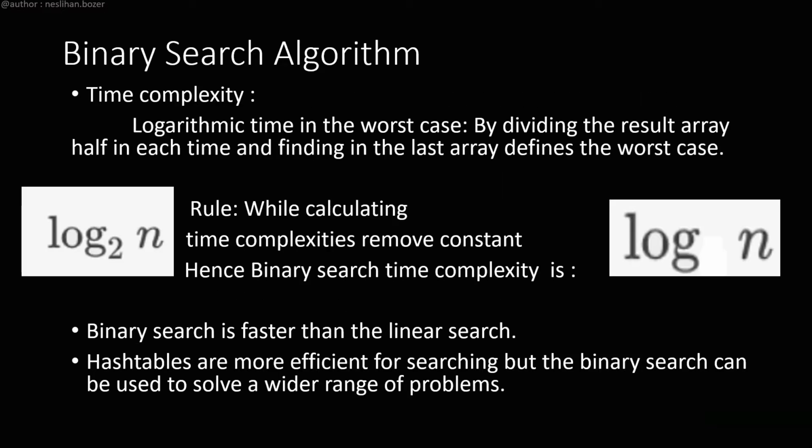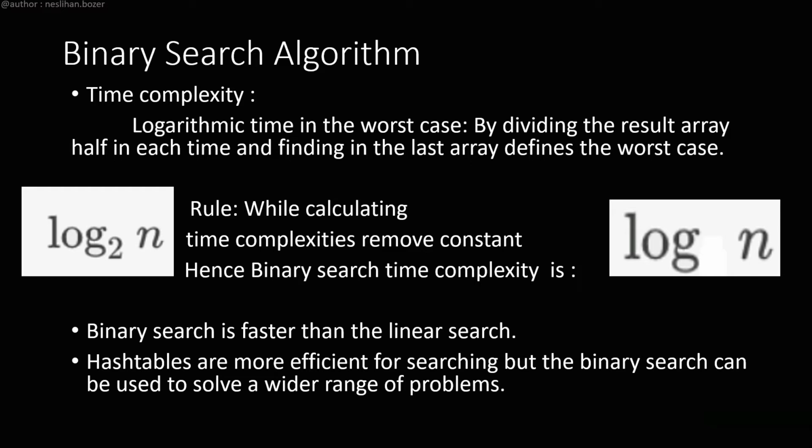The time complexity is determined by the worst case, which is finding the element in the last remaining array. Because we get rid of half of the array every time, the time complexity is logarithmic, with 2 representing halving the array.